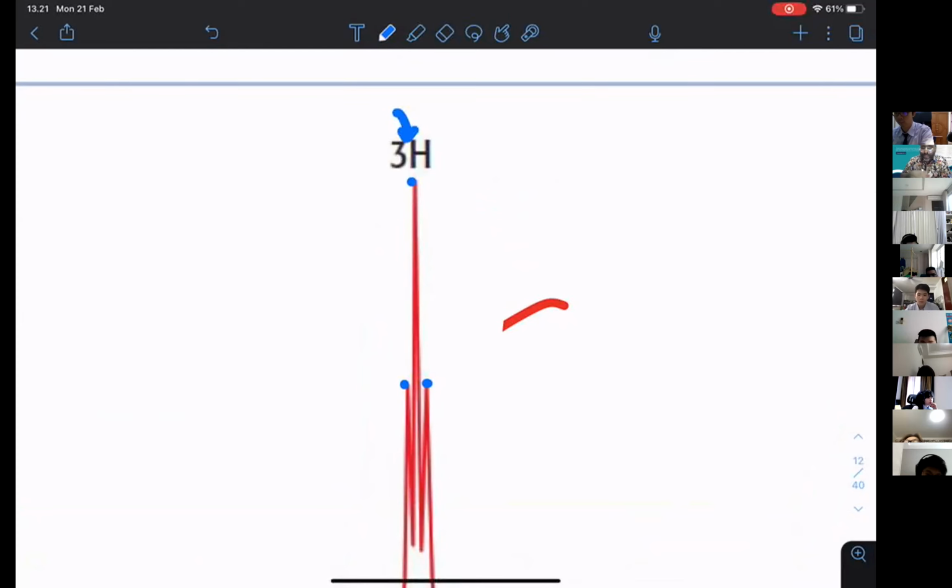These 3 peaks of splitting tell you there are 2 neighbors. Who's complaining? There are 2 hydrogens beside the hydrogen that we are analyzing.